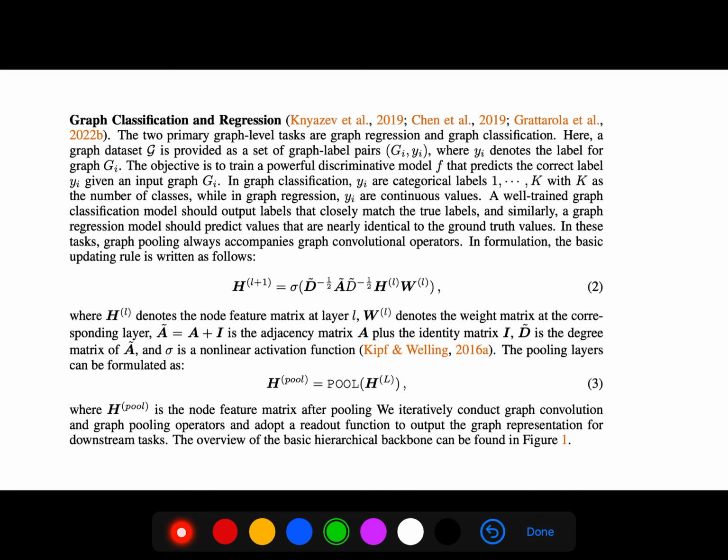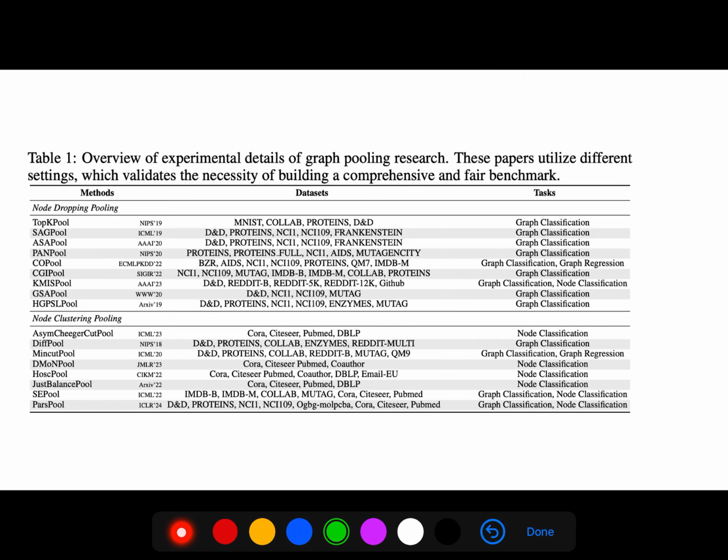The basic updating rule if you use graph convolution is this. The pooling layer adds to this. So we have graph convolution, pooling, and this continues until it reaches the lowest number of nodes, which is suitable for graph classification.